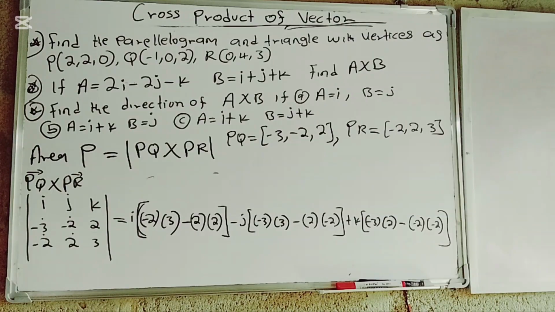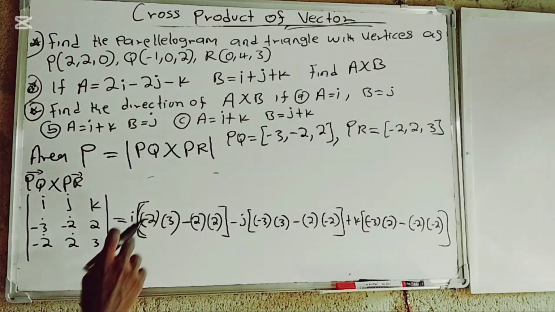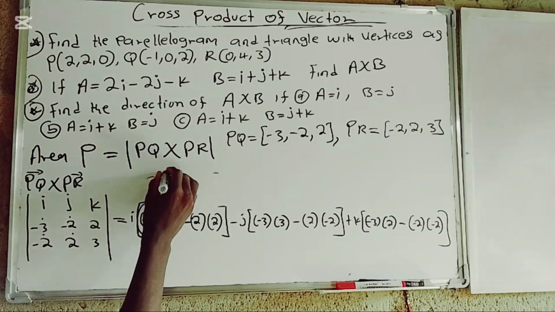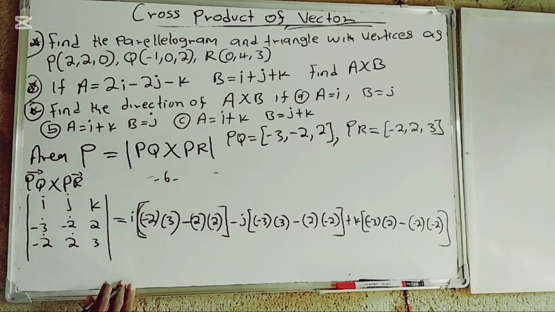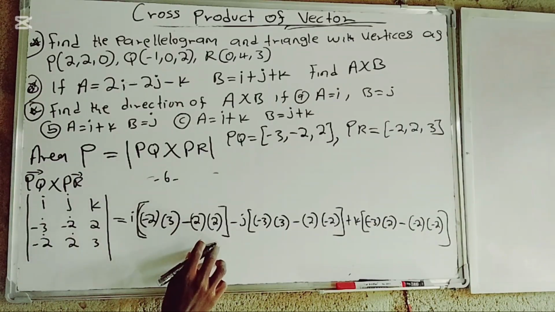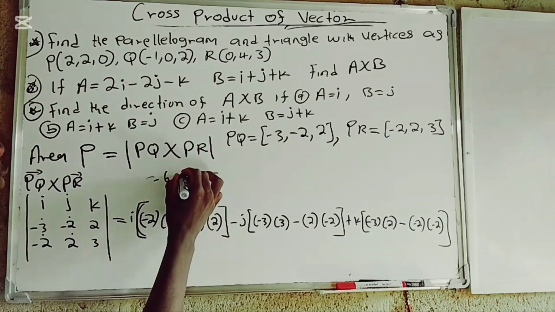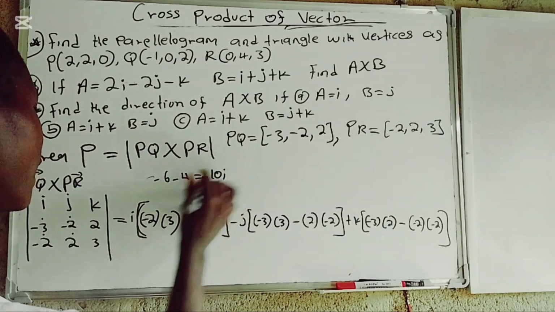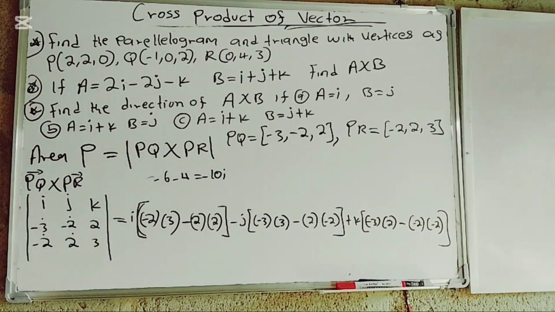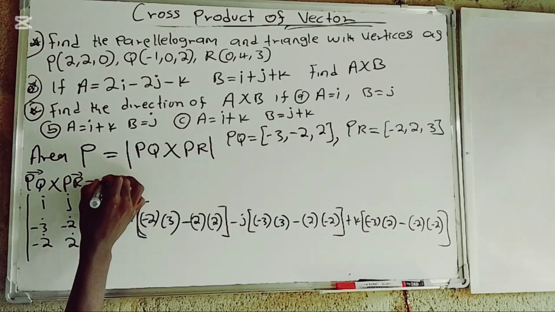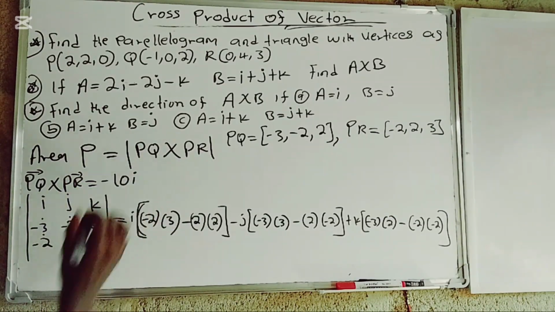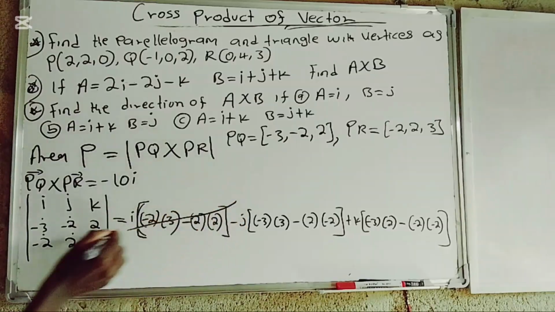So the next thing that I'm going to do is that I have to say at the end, this multiplied by this is the same thing as negative 6 minus 2 multiplied by 2, I have negative sign here. 2 multiplied by 2, which is 4, is the same thing as negative 10 with my i. So therefore at the end I have, this should now become negative i. Yes, I'm done with this.